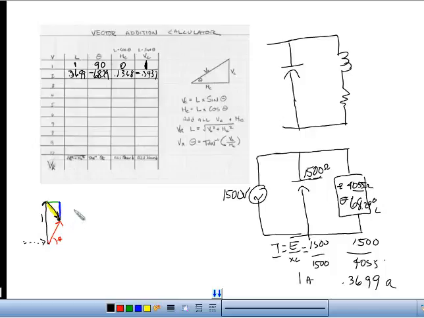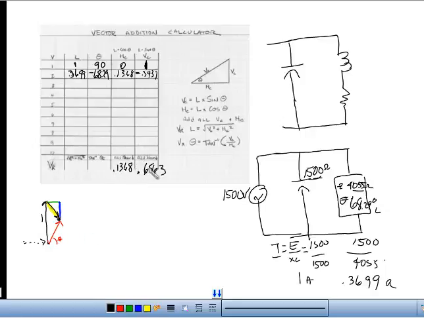Now it's a matter of adding everything in the vertical column. 1 plus negative 0.3437 equals 0.6563. Add everything in the horizontal column, 0.1368.